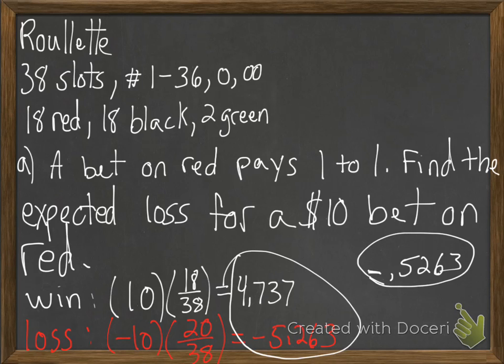Okay. That loss is known as the house edge. If you take that amount, 0.5263, and divide it by the total bet size, that gives us what's called the house edge.